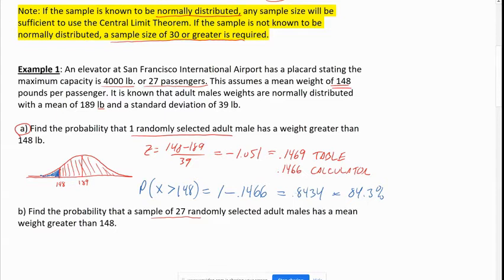Okay, so like I said, this is not applying the central limit theorem because we're only talking about one person.